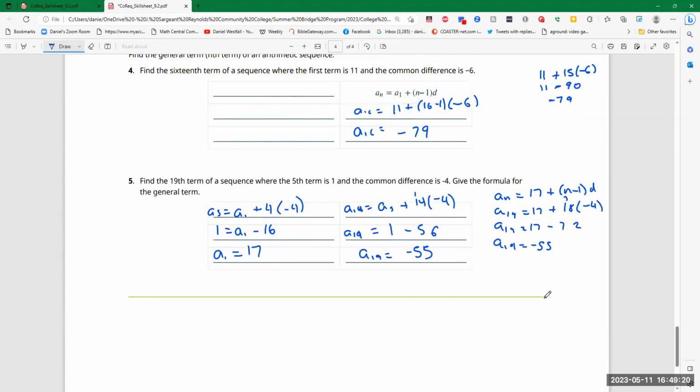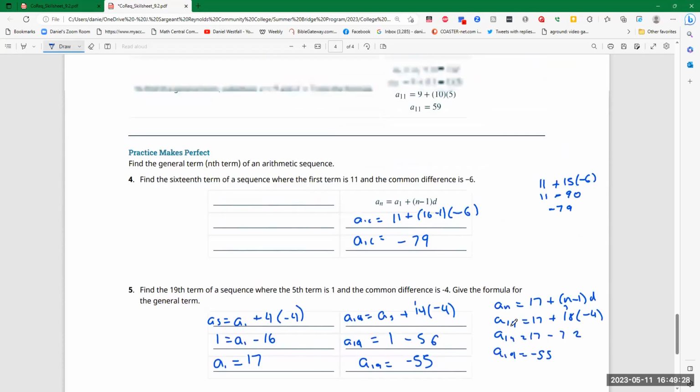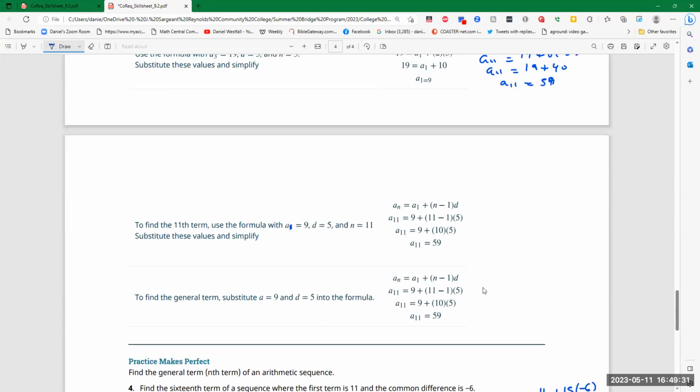So another thing that you can do if you want, it's a little harder, is if you want to start counting at 0 instead of 1 for these sequences, your formula is going to change a little bit. And it's going to look like this, that your AN is going to be equal to like that. So I usually deal with this rule.